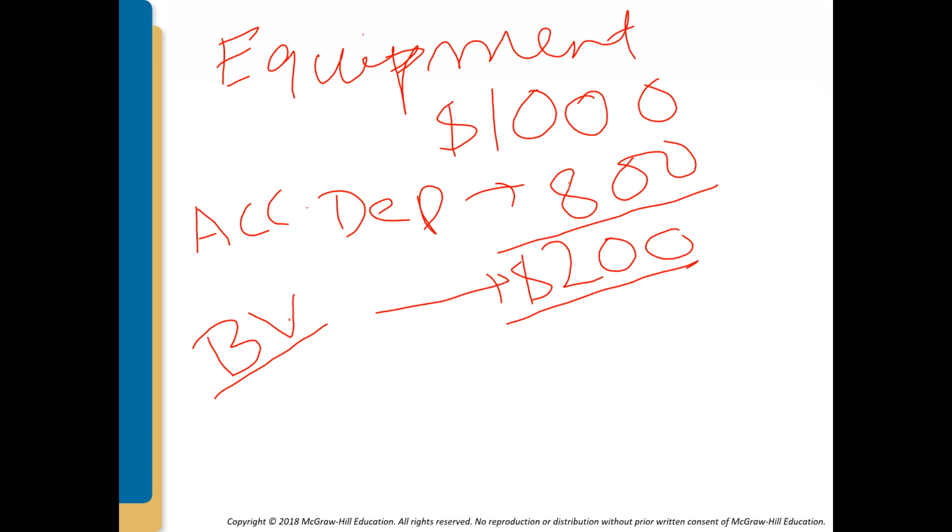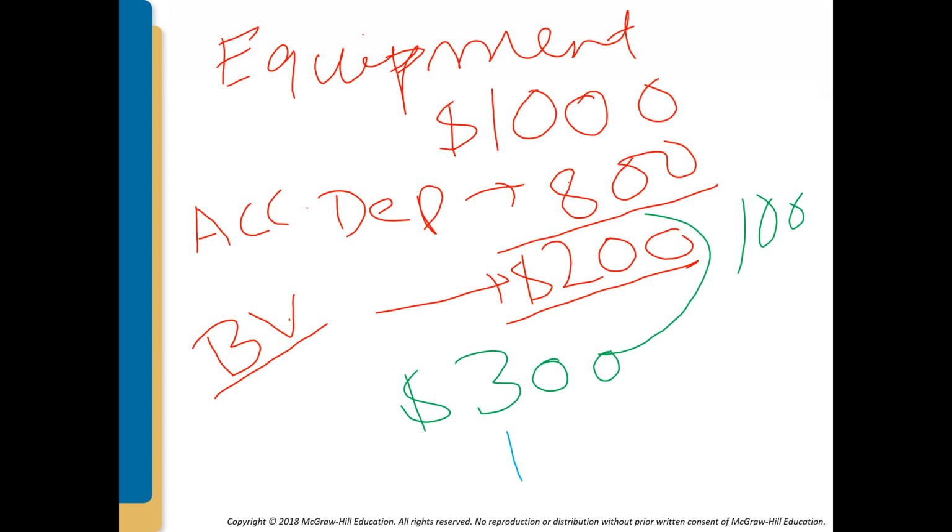If we sell this asset, I mean this equipment, for $300, then we will have a gain of $100. But if we sell this asset for, for example, $100 only, then we have $100 amount of loss. Can you see that? This is how we calculate the gains or losses.